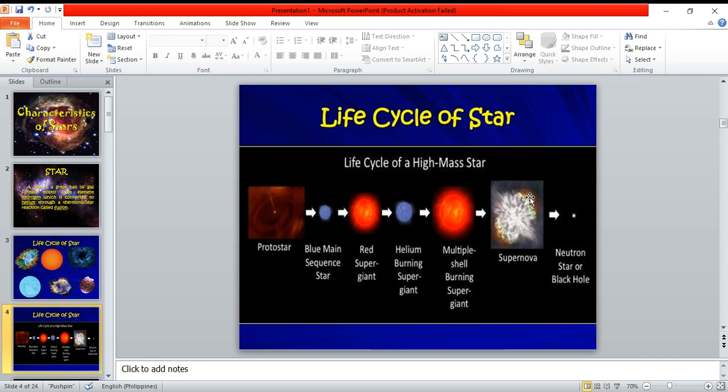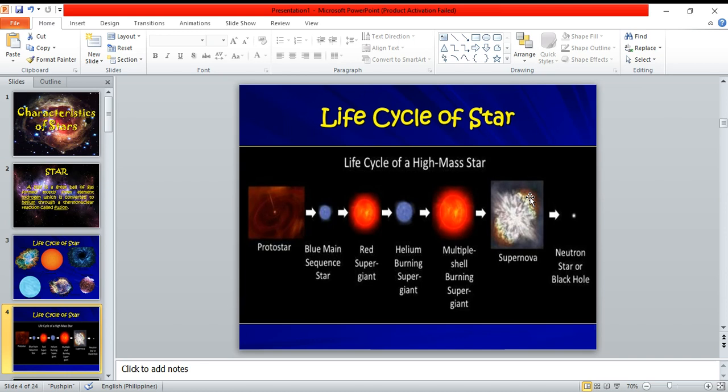And in the helium burning supergiant, the helium starts to surround the core by a shell of cooling, expanding gas. That is why it is called a helium burning supergiant.